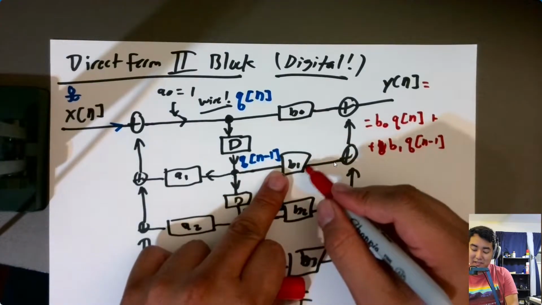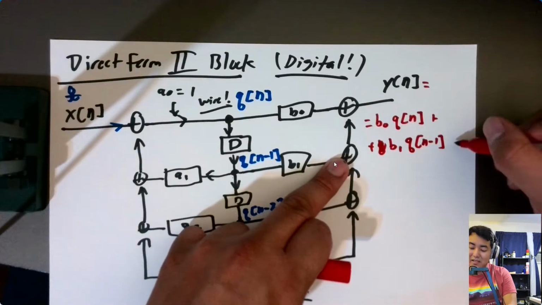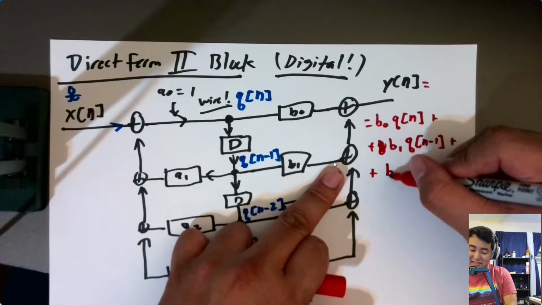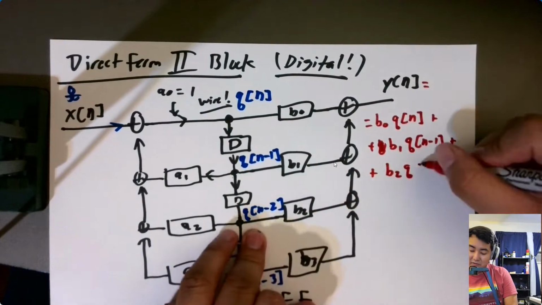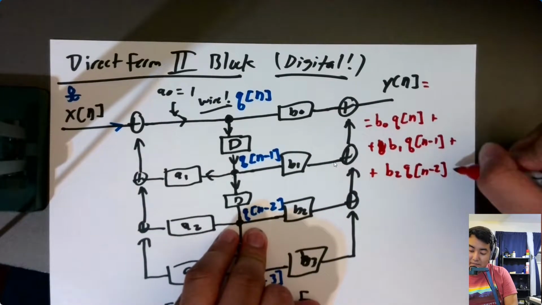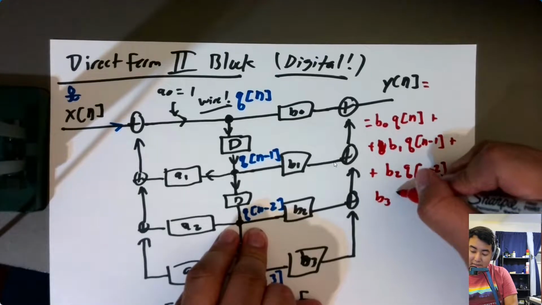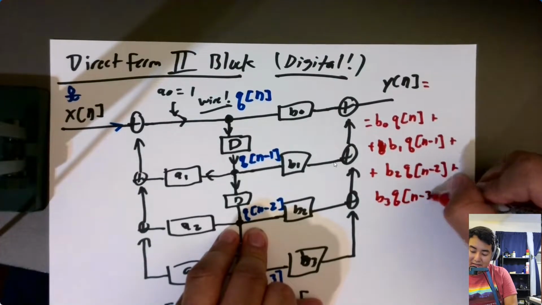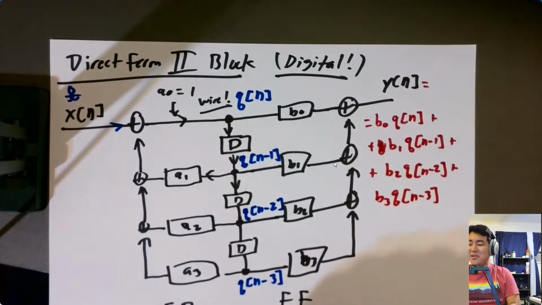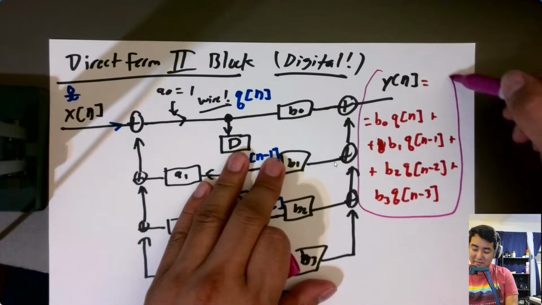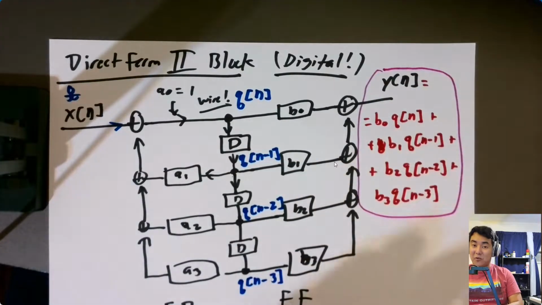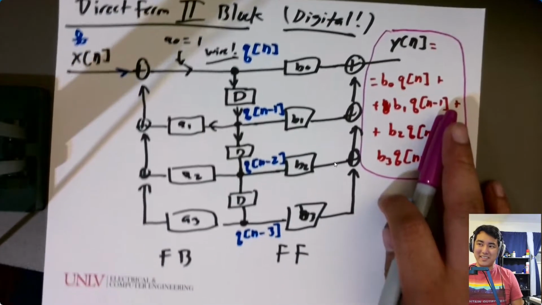Q of n minus 1 times B1 gets in here, plus. Now you start seeing the pattern, B2, Q of n minus 2, plus B3, Q of n minus 3. And there you go. Use the purple marker, or that's pink, I guess. That's your first solution. But we're not done yet.